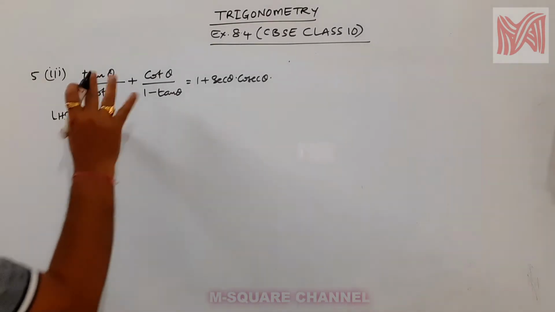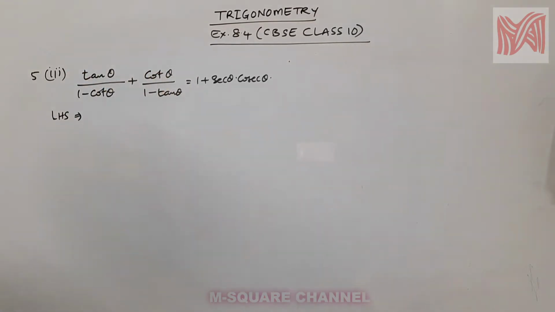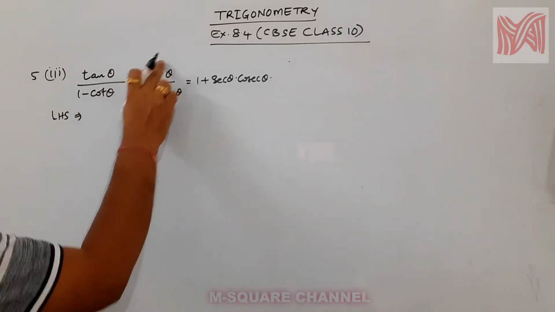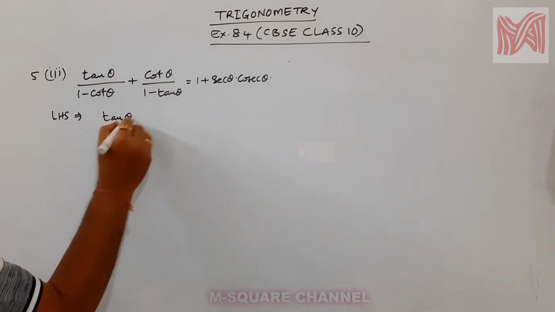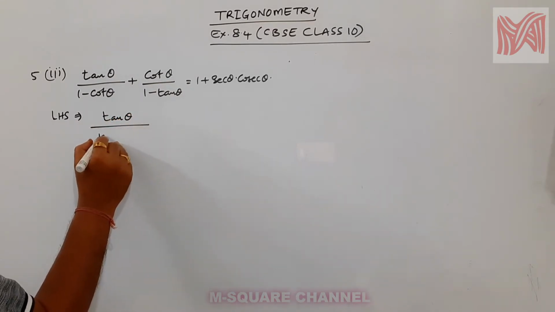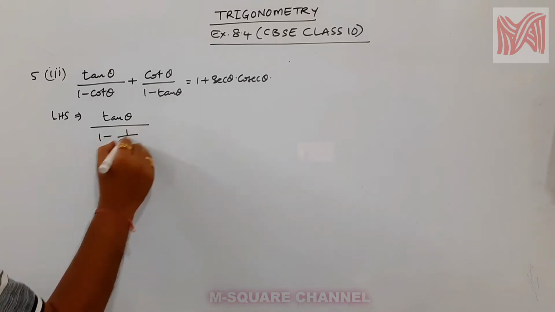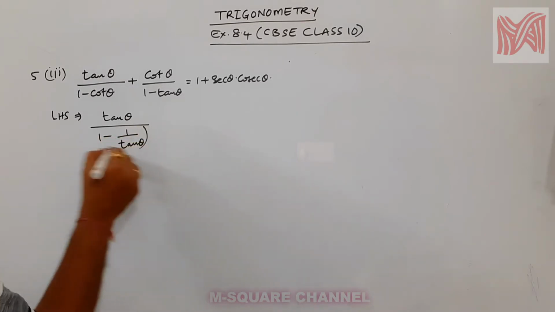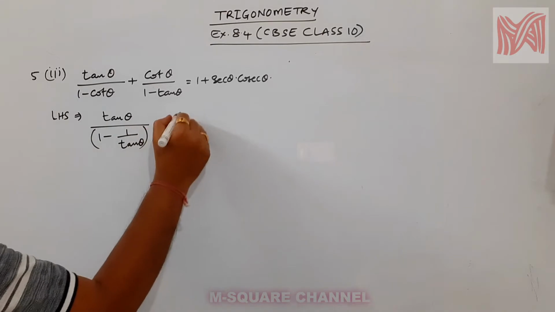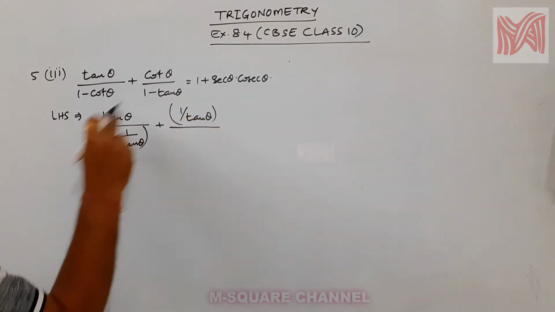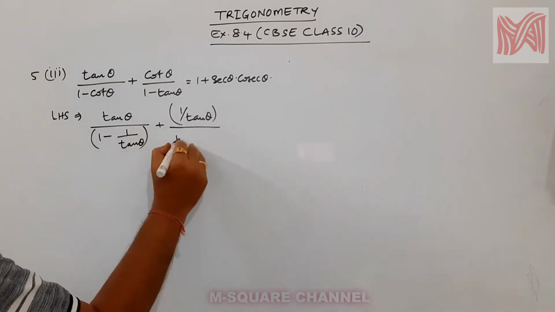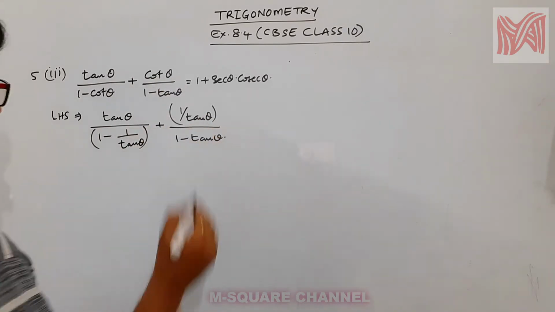So better, no need to change tan and cot into sine and cos; simply change the cot in terms of tan only. So LHS is tan theta by (1 minus 1 by tan theta) plus (1 by tan theta) by (1 minus tan theta). In the first step I am changing totally to tans.